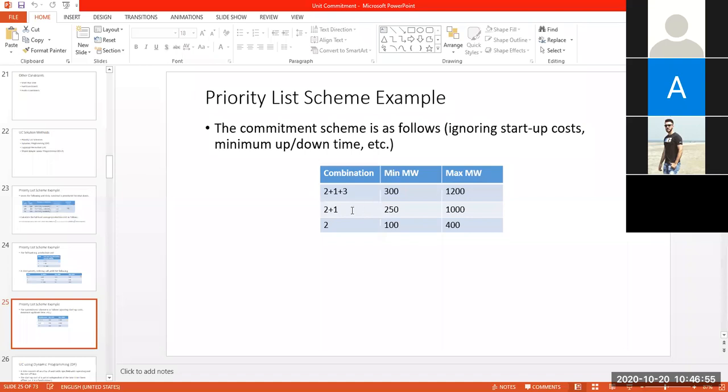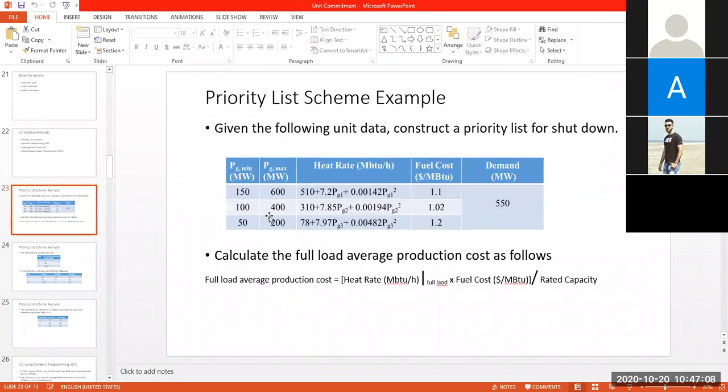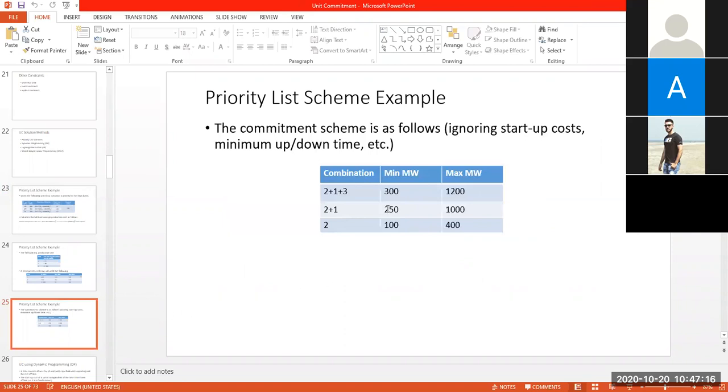For the minimum, you simply add the minimum of unit number 2 plus the minimum of unit number 1. And then for the maximum column, you simply add these 2 plus 1. So what is 2 plus 1? This is 2, this is 1. So you have 600 plus 400, 1000. And for the minimum you simply add the minimums and complete the table.